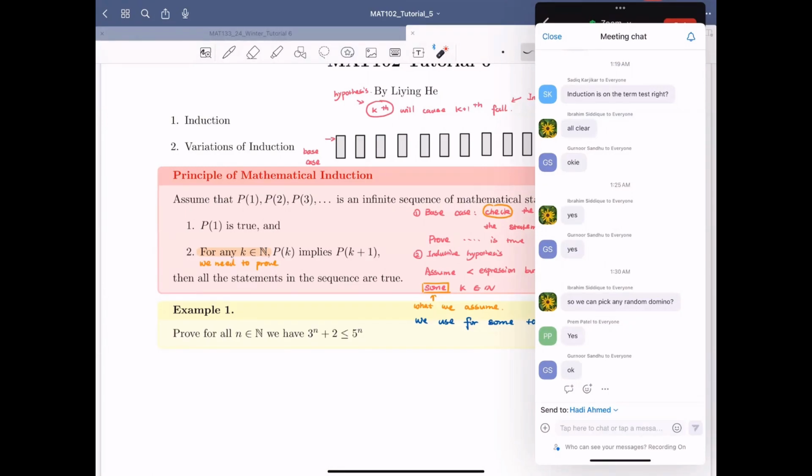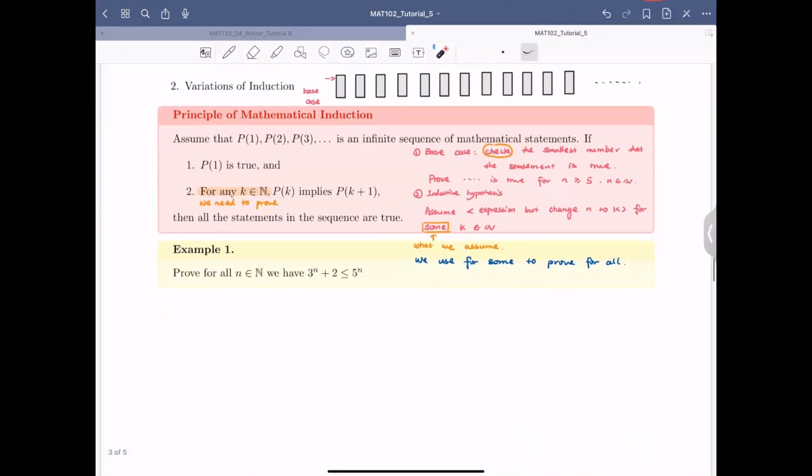That's why you can use for some to prove for all. Just like how we prove subsets, we pick one x from a set, but we're actually proving it works for every element in the set. We're still using for some to prove for all. So your assumption is always for some, never for all. Next is induction.